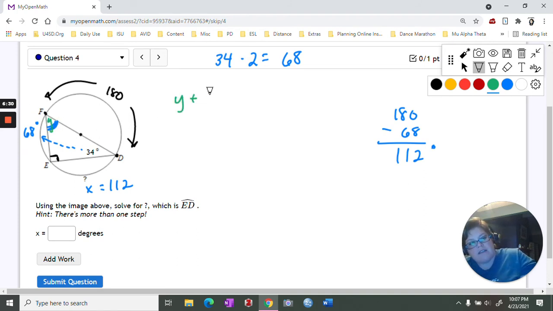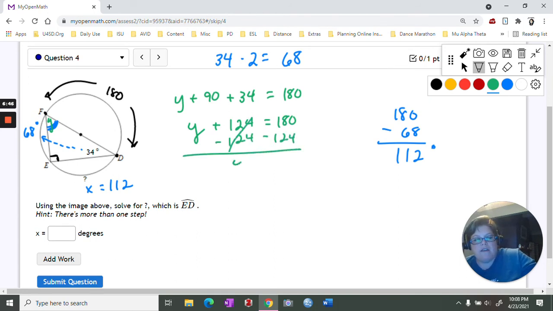So y plus 90 plus 34 equals 180. So y plus 124 equals 180. Subtract that from both sides, and you get y equals 56. 56 times 2 is 112. So if this is a 56-degree angle, this arc is 112.